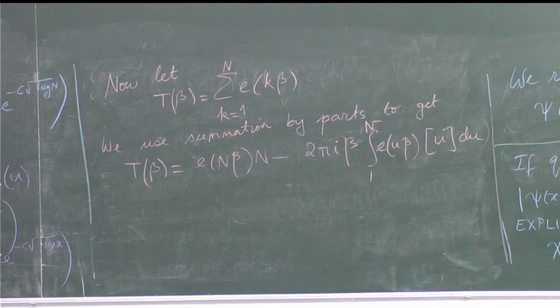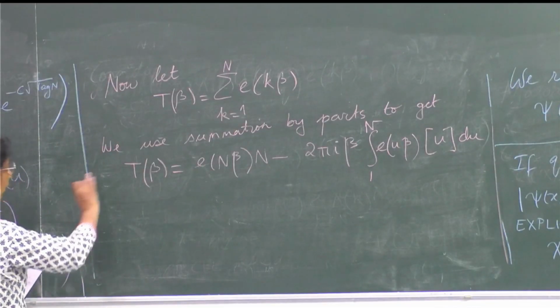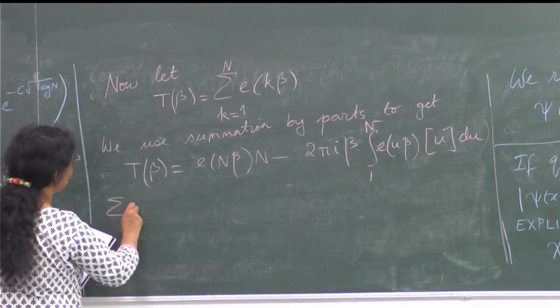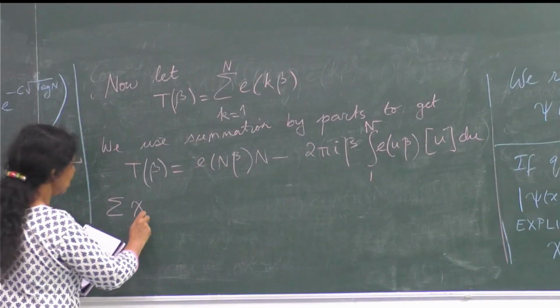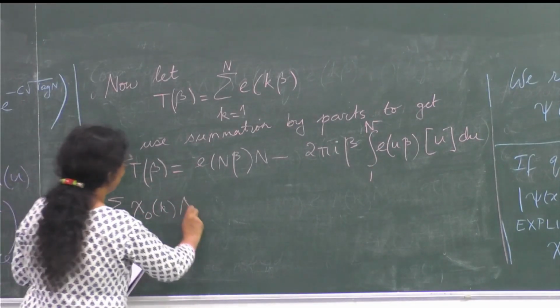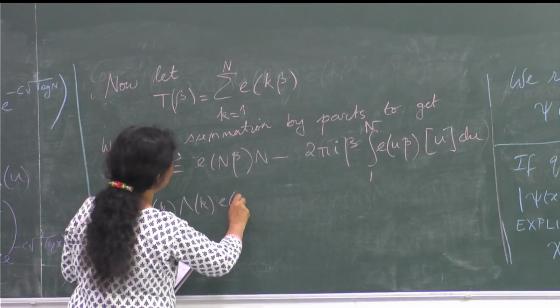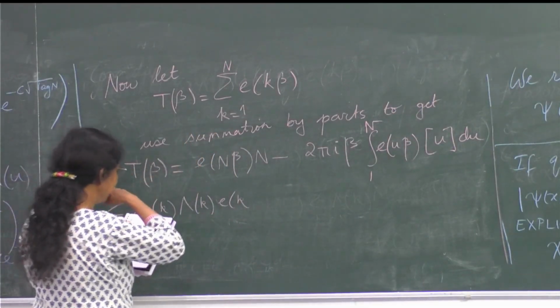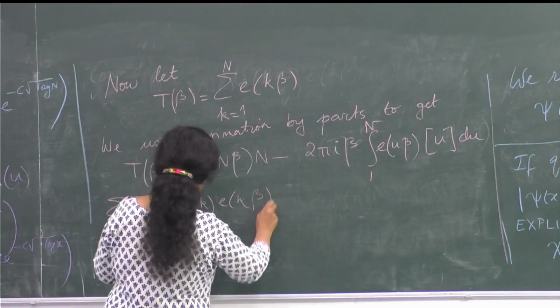Okay. We are in this case, chi is chi 0. Okay. So now I want to calculate chi 0 of k in the original formula that we had stopped at. So we will just introduce this T of beta. Okay, it's just a notation. So the sum of chi 0 of k lambda k exponential k beta, what is this equal to?